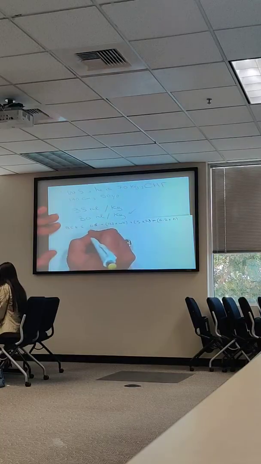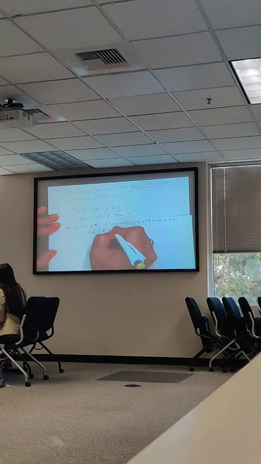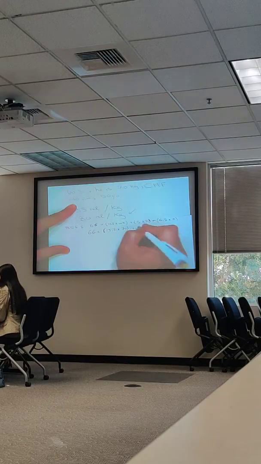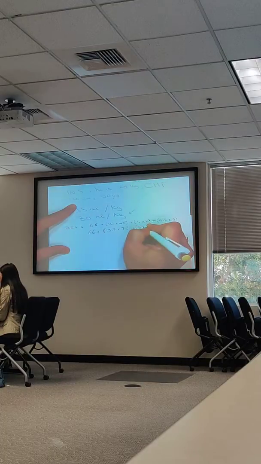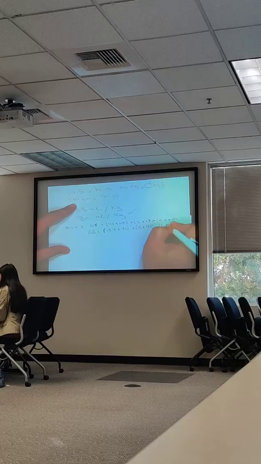So 66 plus 13.7 times the patient's weight, which is 70, plus 5 times the height, which is 170, minus 6.8 times the patient's age, which is 15.